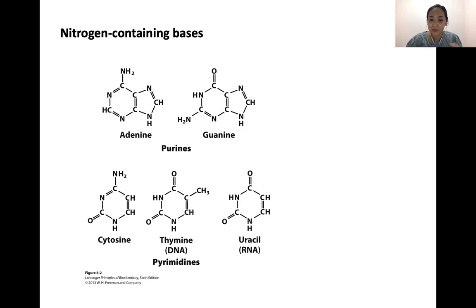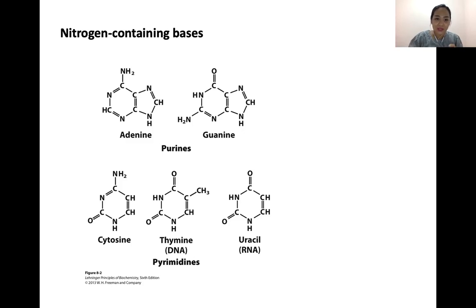But earlier, when I was in undergrad, I had one professor who shared with us how she remembers the pyrimidines. She said that the pyramids ay nasa city, so that's cytosine and thymine. So if that will help you remember, ang pyramids ay nasa city, pyrimidines, cytosine, and thymine.